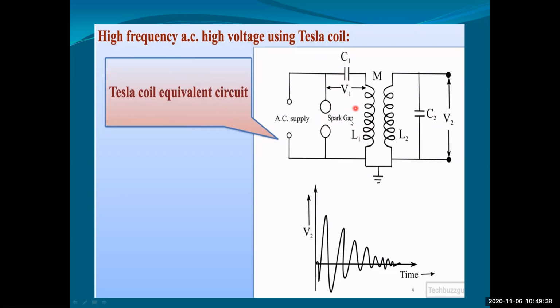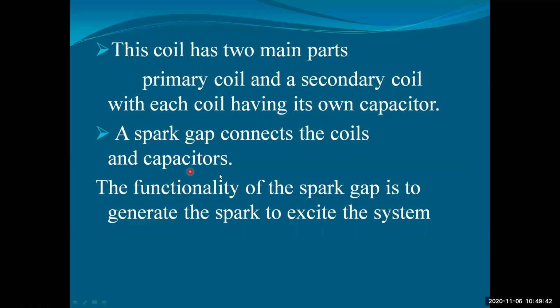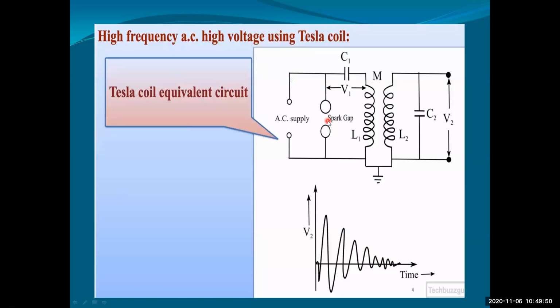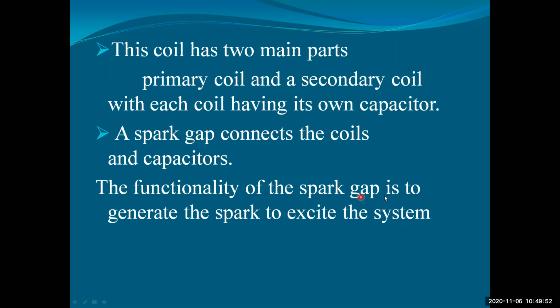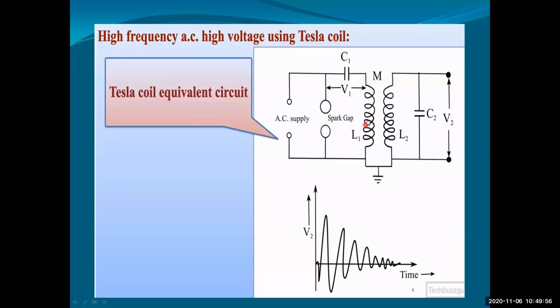This is called a tuned circuit, an LC circuit. The functionality of the spark gap is to generate the spark to excite the system. So to excite the primary winding of this transformer, this spark gap is used.